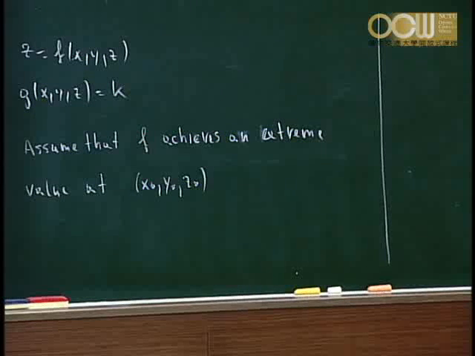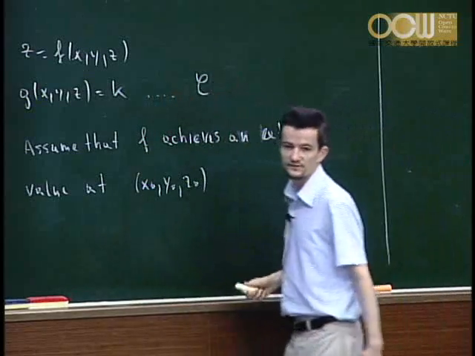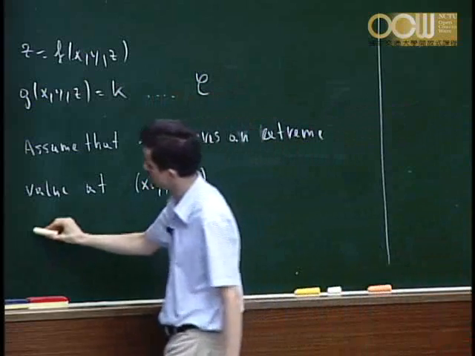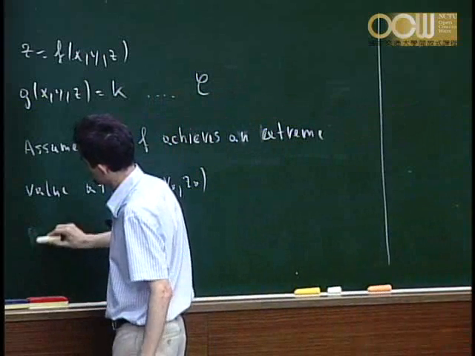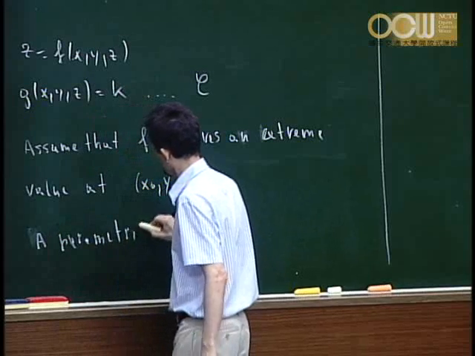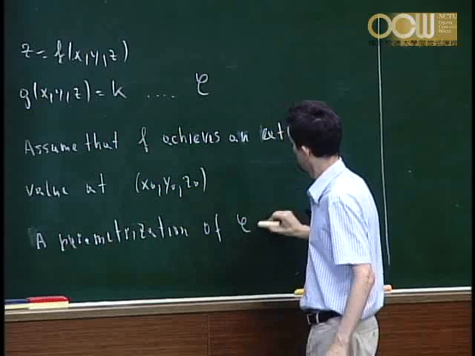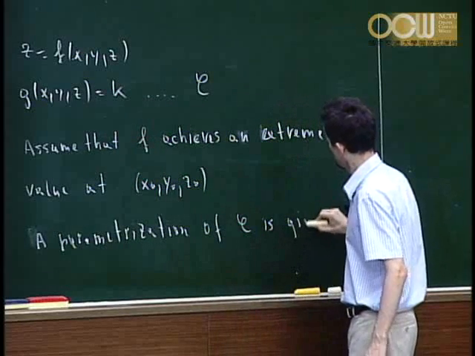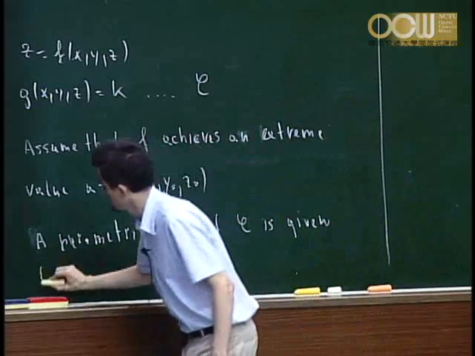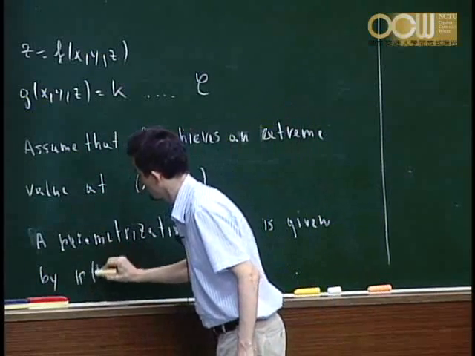Because I have a level surface, I also assume that I have a parametrization of this curve C. So this is some level surface, and I assume a parametrization of C is given by, let's say, some vector function r of t.